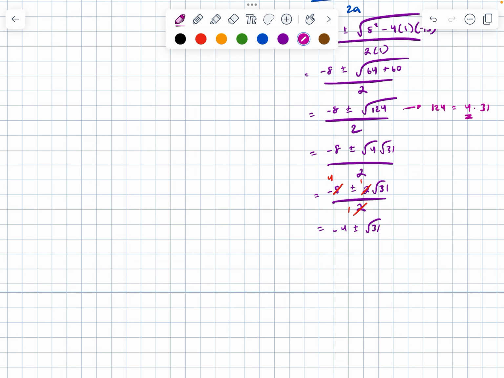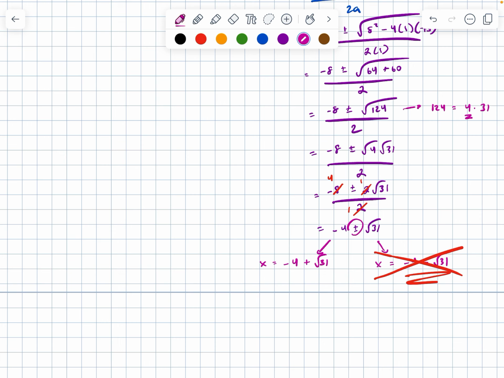The last thing that I need to do here, just like I did above, is some splittage. Because of this plus or minus, there are two answers hiding out. Either x could be negative 4 plus the square root of 31, or negative 4 minus the square root of 31. Again, a negative minus something is getting even more negative.